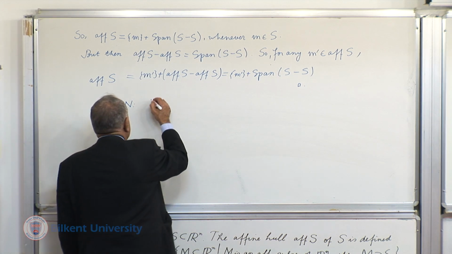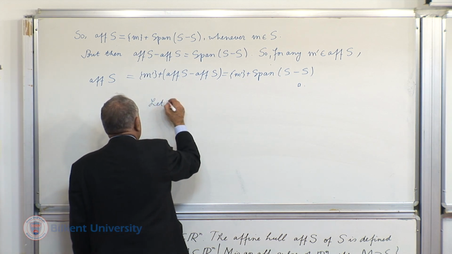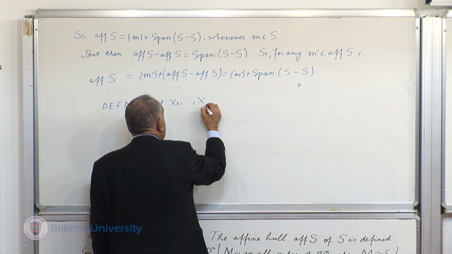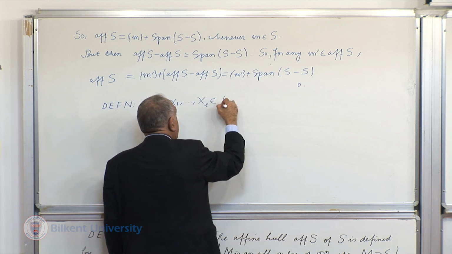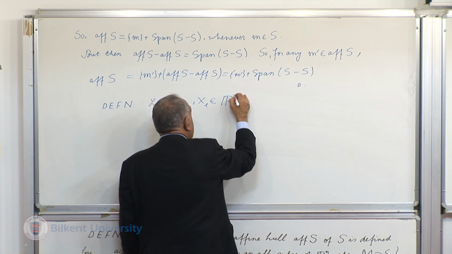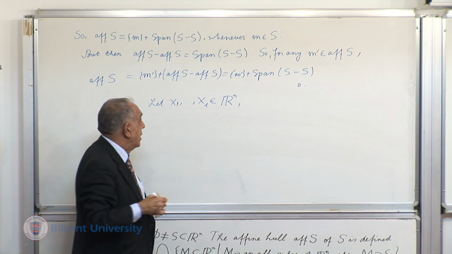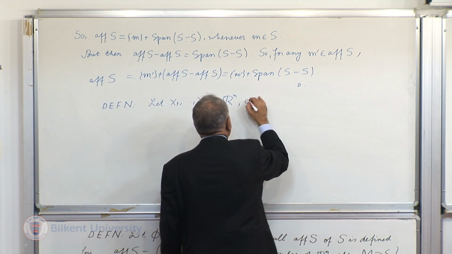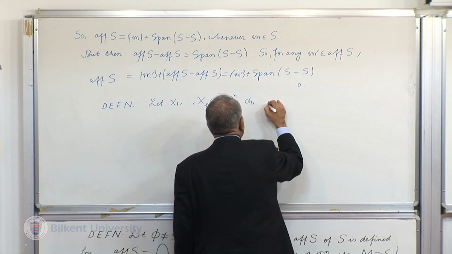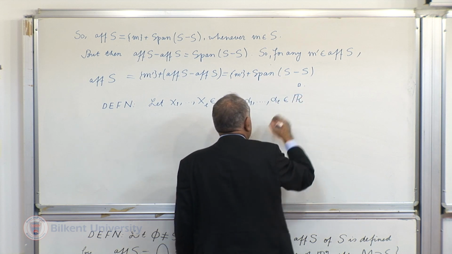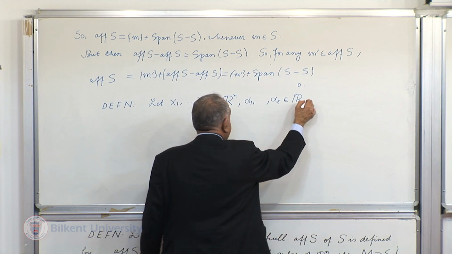Now, let x1 up to xl for some l be n vectors, and let us take alpha 1, alpha l as real numbers.